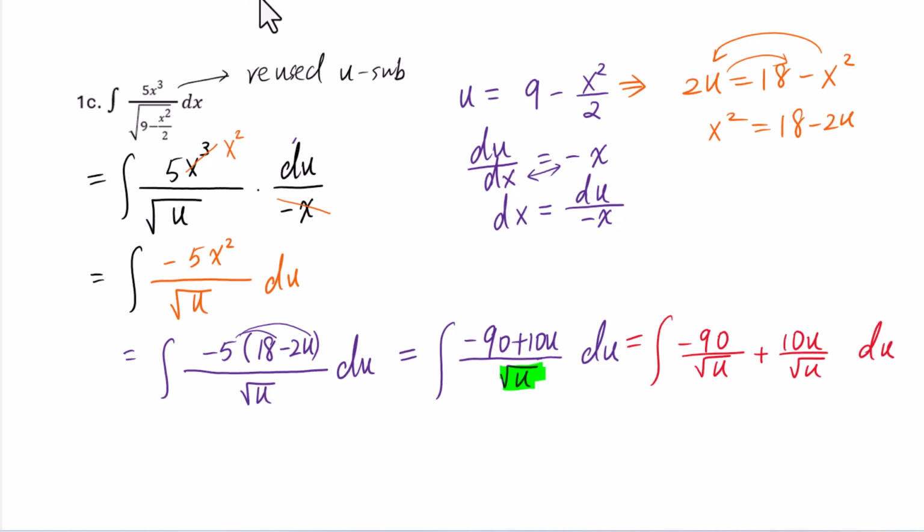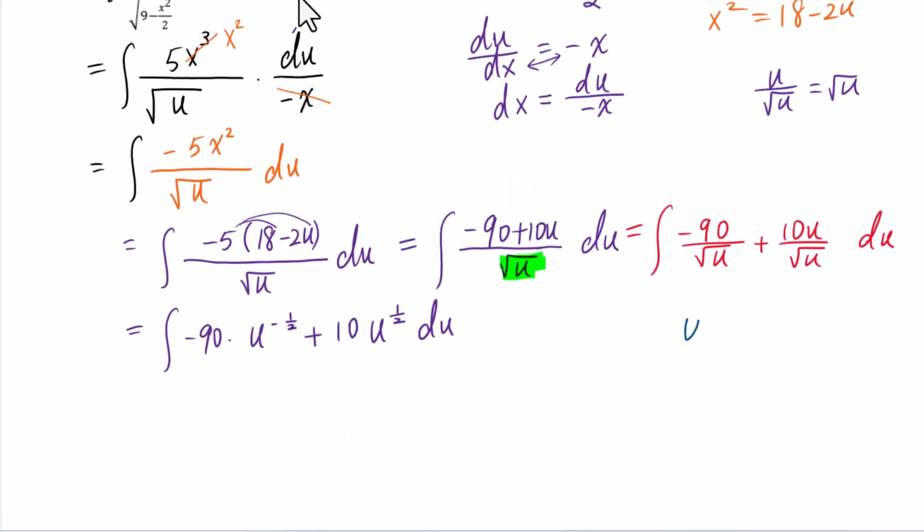Next step, change this into exponential form: negative 90 times u to the negative 1/2 power plus, we do know u over square root of u equals square root of u, 10 u to the 1/2 power du. We've got to use the power rule, u to the power of n plus 1 over n plus 1.